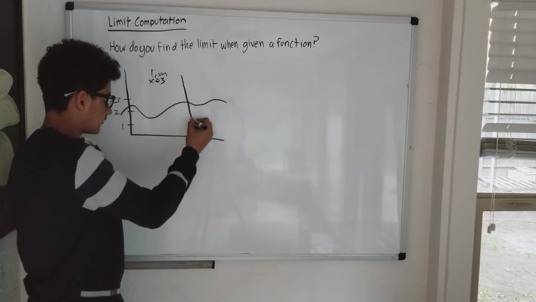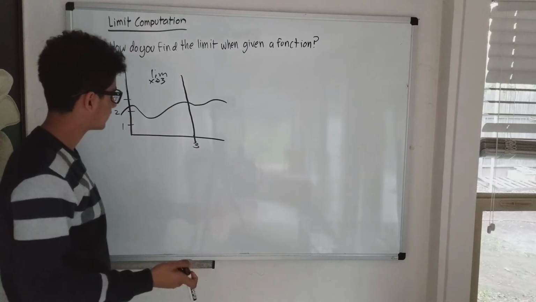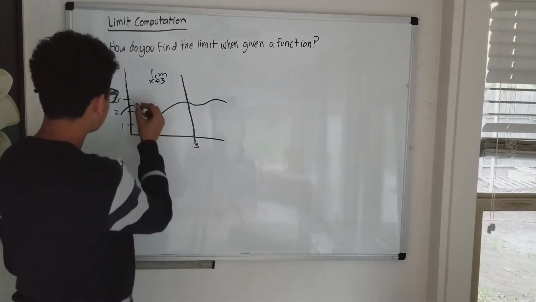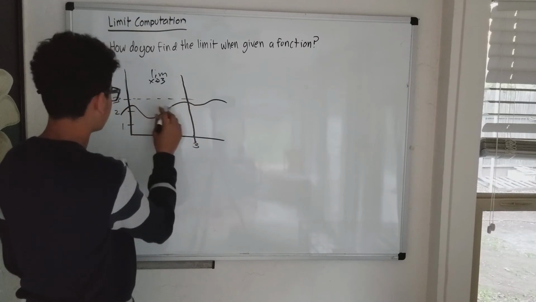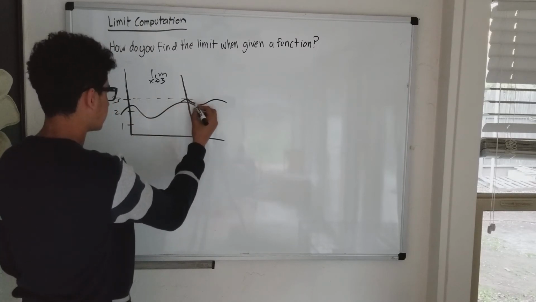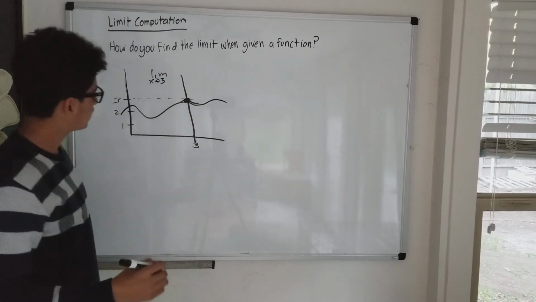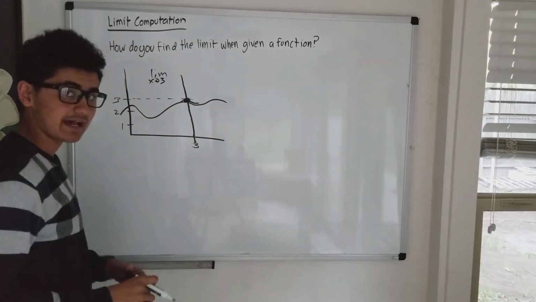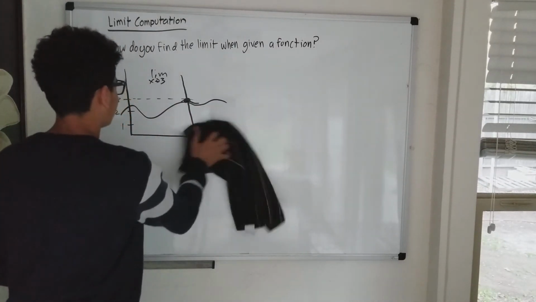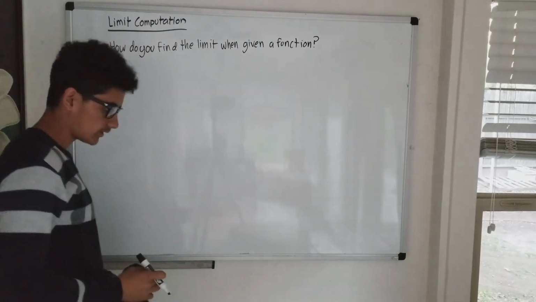Remember, it's the same concept as when you're trying to find it from a function. In this case, you can see that the y value is 3. I was intending for it to be 3, so it was supposed to go like that. But the value would be a 3, so in this case, the limit as x approaches 3 is actually 3. I hope you guys understood that graph too.